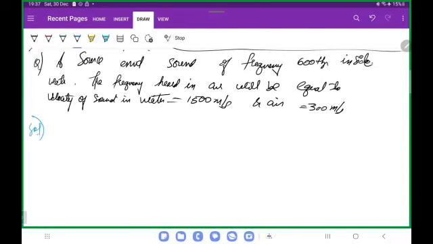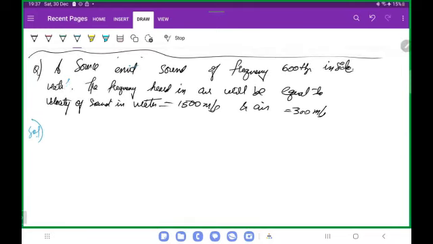Okay, this is very, very easy. I'll make it simple, using very simple words. When we talk about frequency, frequency is related to speed. Yes. Frequency is related to wavelength. Yes. It is related to time period. Yes. But is frequency related to a changing medium? Will it change?